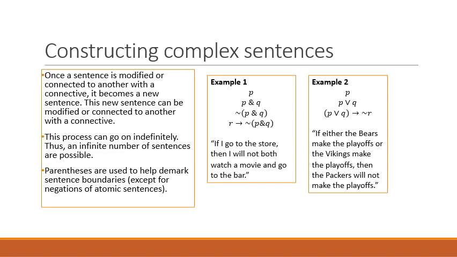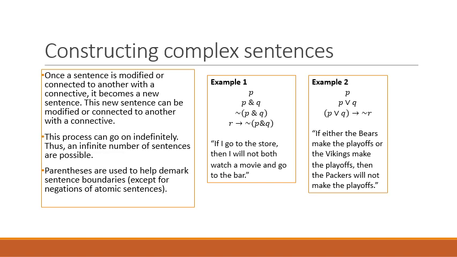And in English, it might look something like this. Here is my sports sentence: if either the Bears make the playoffs or the Vikings make the playoffs, then the Packers will not make the playoffs, right? So the P here is Bears make the playoffs.